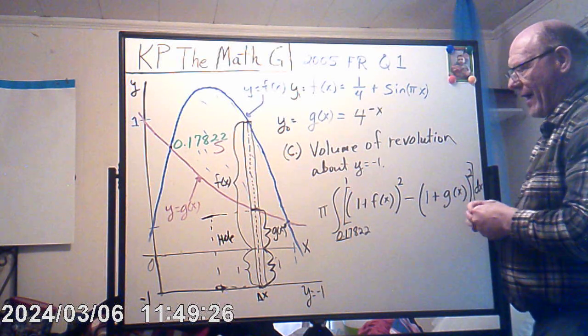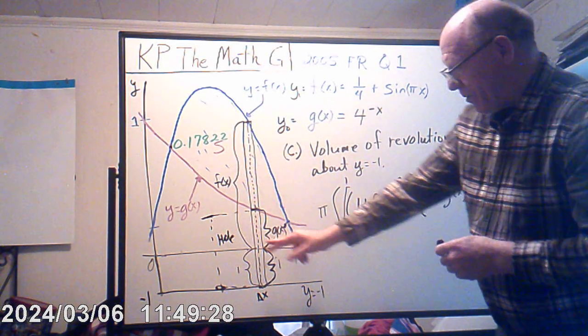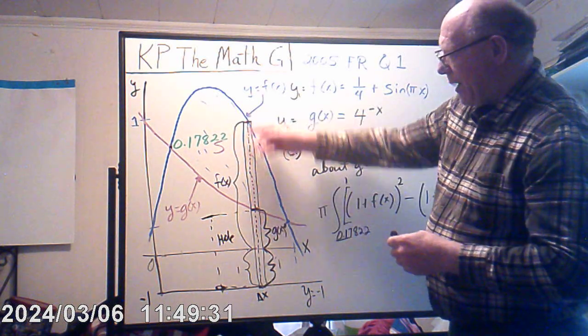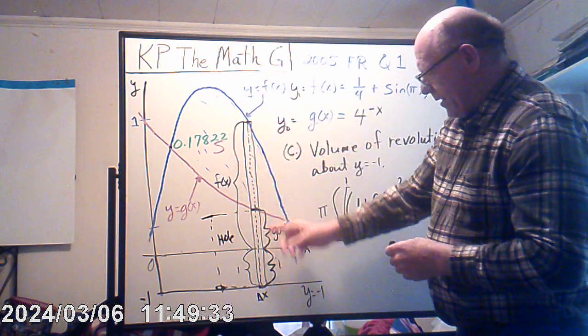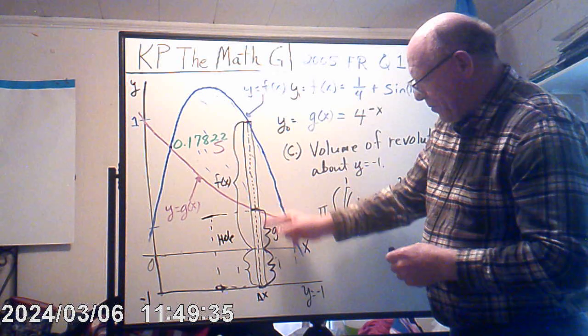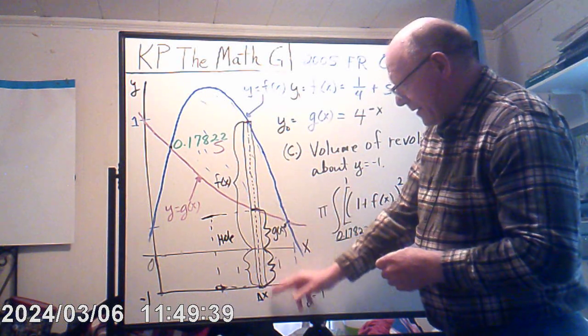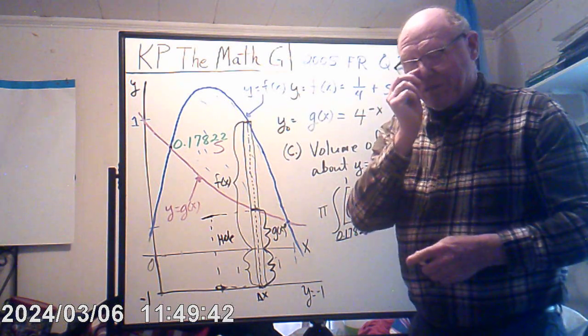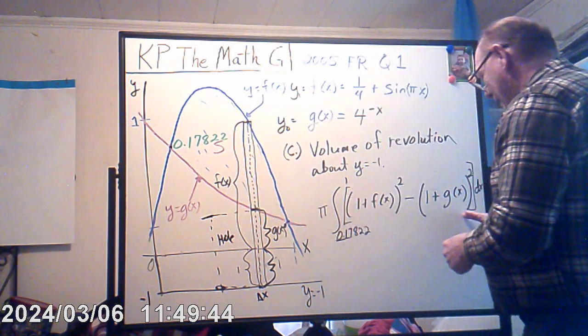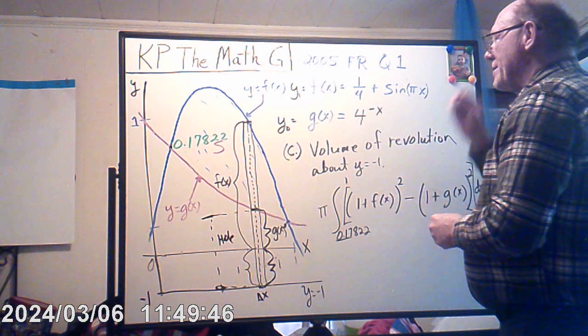If you can get that, you've got this. So 1 plus this y, which is f at x, is the outer radius, and 1 plus this y, which is g at x, is the height of the entire hole. Once we get that, now you can do this.